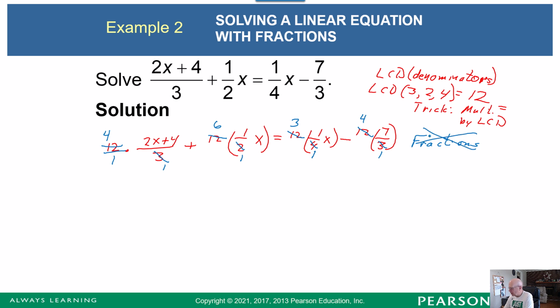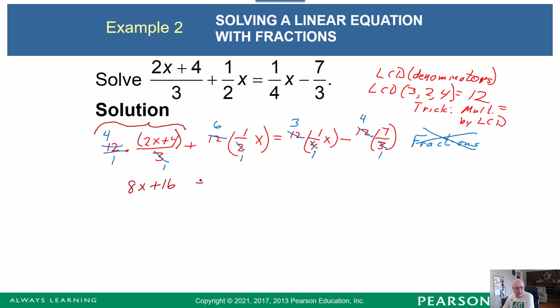Now let me switch back to red again so I can be consistent. And let's see what we've got. Over here, if we look at this part right here, I have 4 times 2x plus 4. Think of this as a quantity. 4 times 2x is 8x. 4 times 4 is 16.